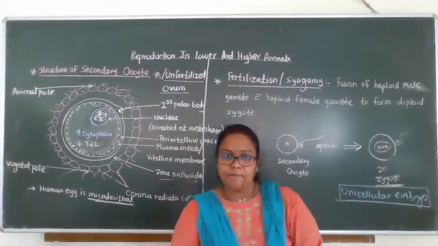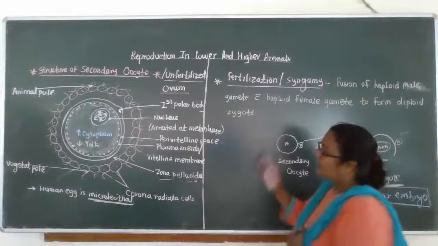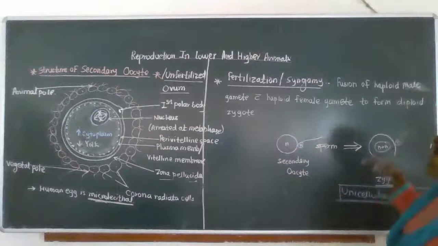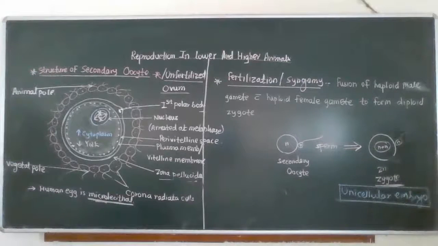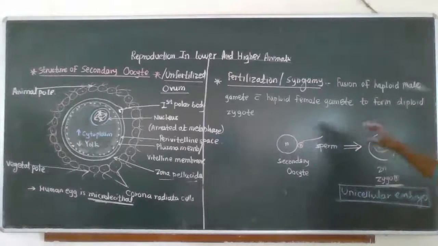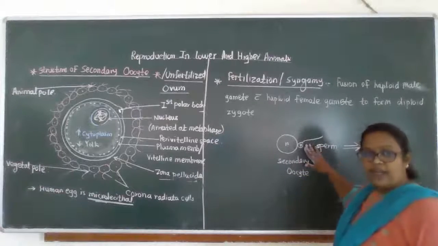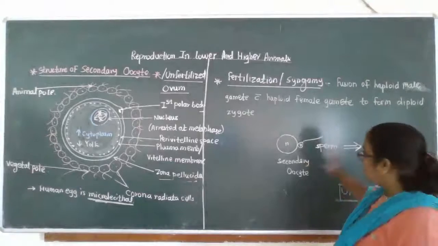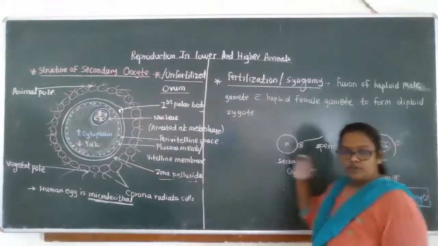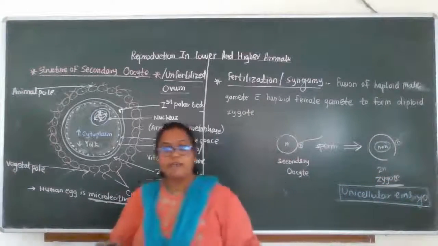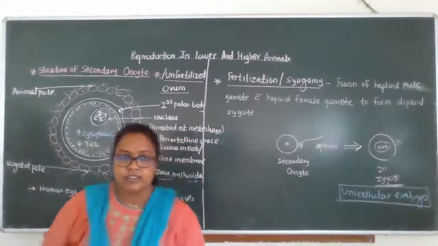More precisely, during fertilization there is an intermingling of the haploid set of maternal chromosomes with the paternal chromosomes to result in a diploid zygote. Because of that it is called amphimixis.